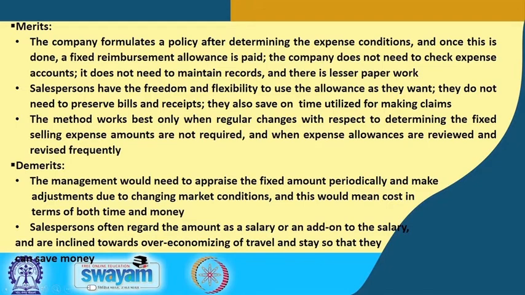It's only and only in these 2 conditions that this method holds good, because a frequent review is happening, which means that the amount which is being formulated as a fixed flat amount is good enough for a salesperson to be able to meet his selling expenses in the field. The periodic review helps ascertain that this is good enough for a salesperson to be able to meet his expenses.